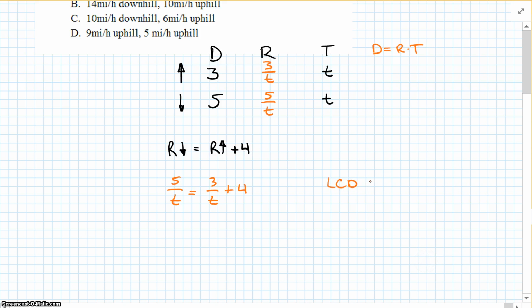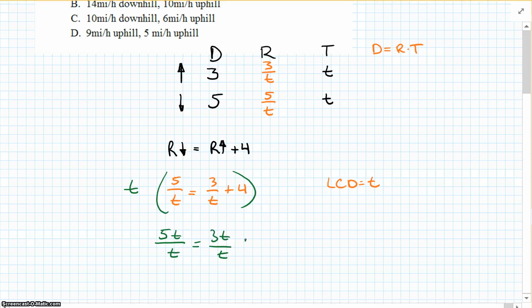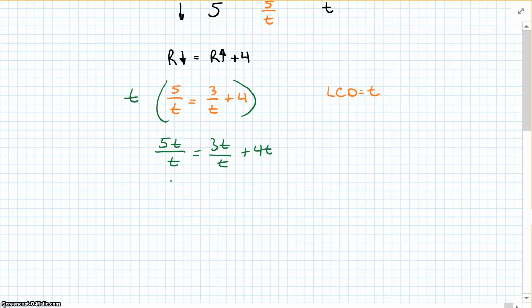The least common denominator would be t. So let's multiply every term by t. So that's going to be 5t over t equals 3t over t plus 4t. So that's going to be 5 equals 3 plus 4t.